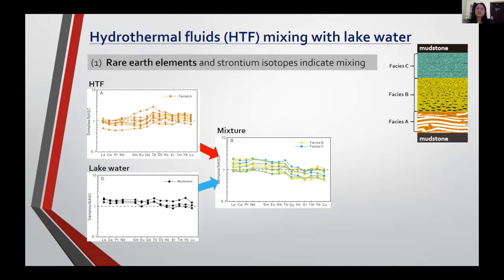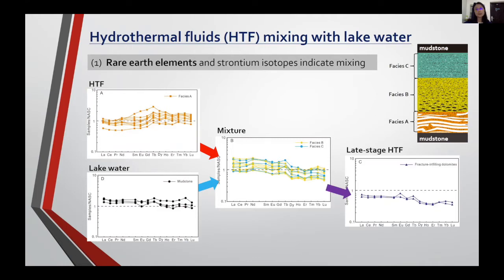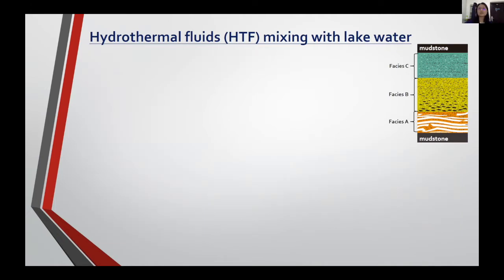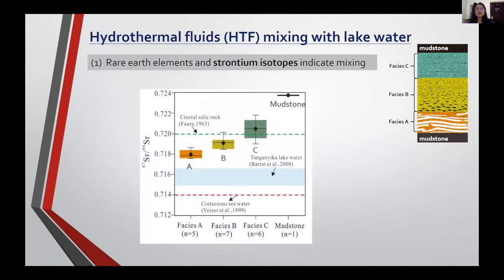That means dolomite formed from mixed fluids, and late-stage dolomite sediments in fractures can also prove the idea of mixing. Strontium isotopes of dolomite are really high. Such radiogenic signatures indicate interaction of hydrothermal fluids with continental basement.